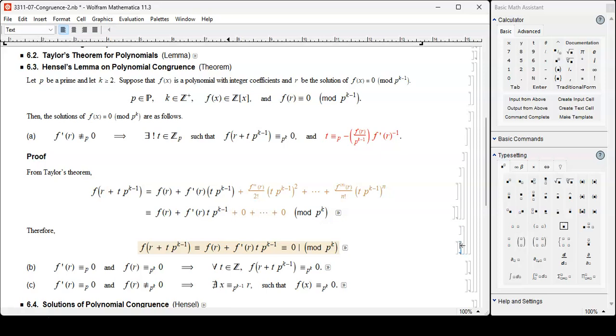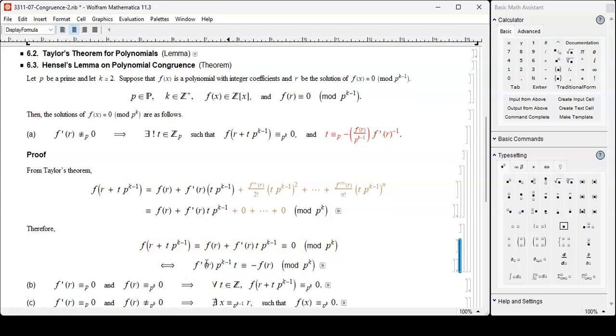Here, this thing is congruent to 0 means flipping f of r to the other side. F prime of r times p to the k minus 1 times t is congruent to negative of f of r here. And then I'm going to flip these over to the other side to get this red. That's what I'm going to do.